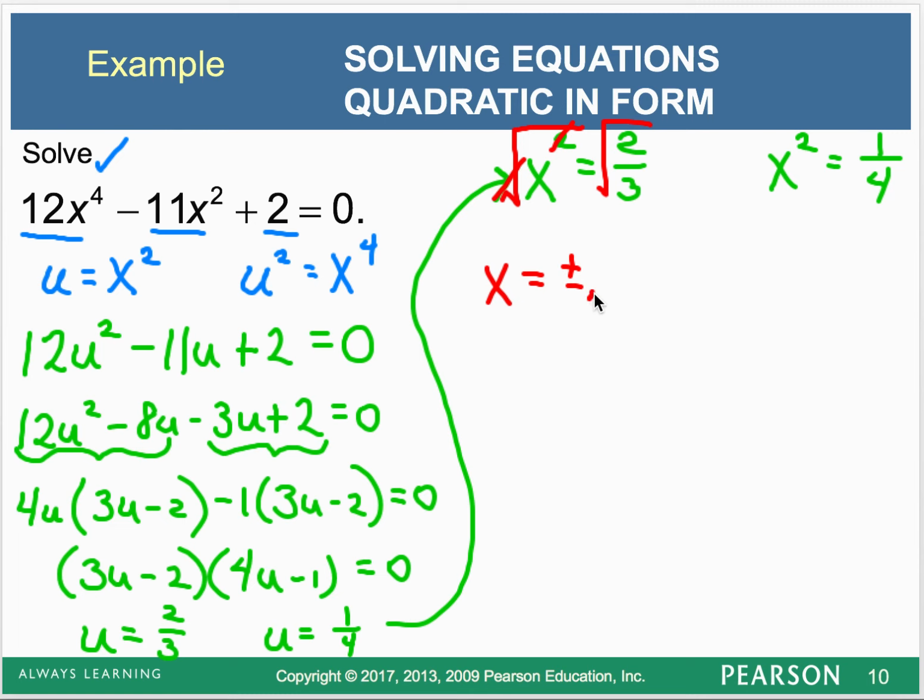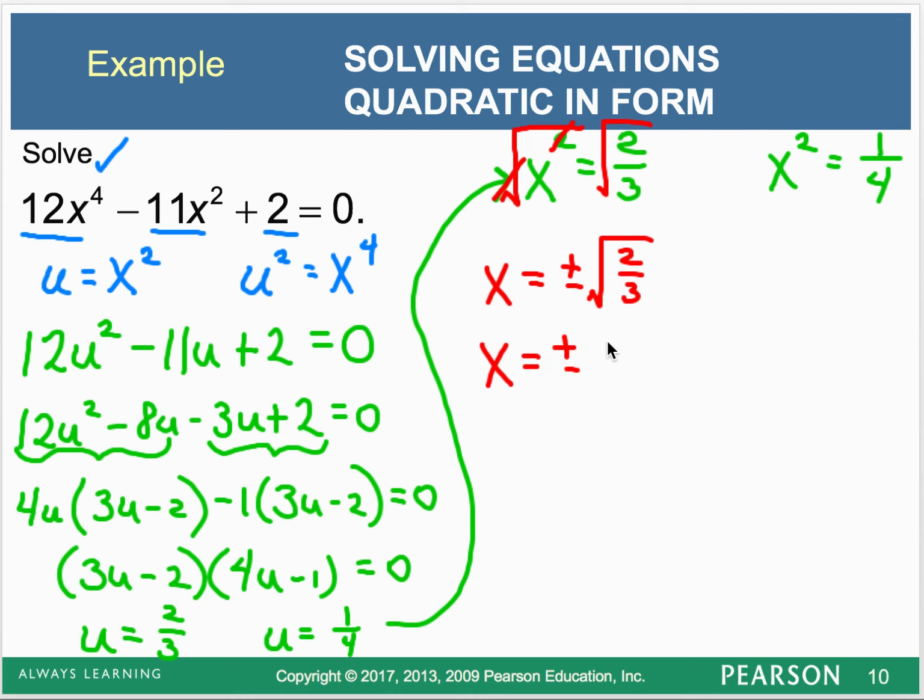So plus or minus square root of 2/3. This is prerequisite knowledge, right? So some of this stuff, if you're rusty with, you might need to brush up on, you can contact me. You can do tutor.com, whatever you need, but we should know that you can't leave fractions underneath radicals. So I'm going to rationalize that denominator.